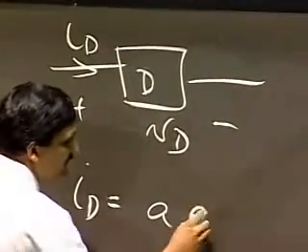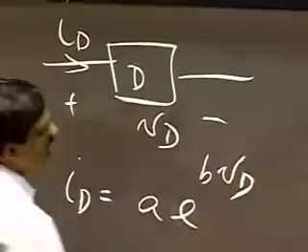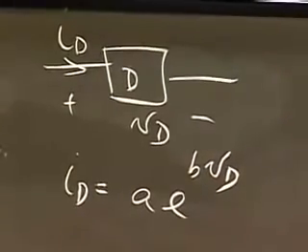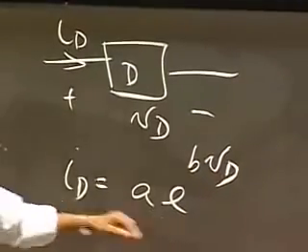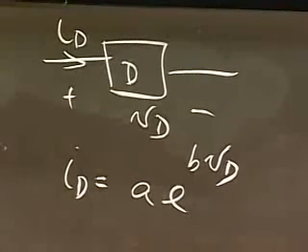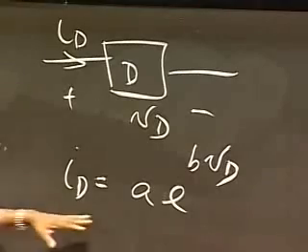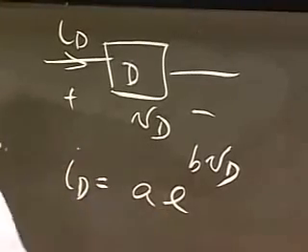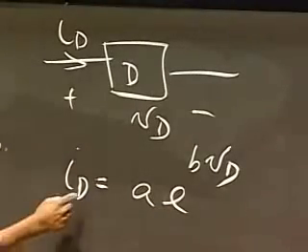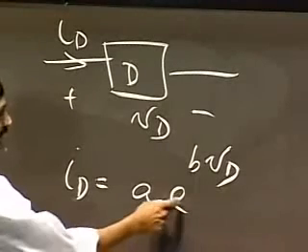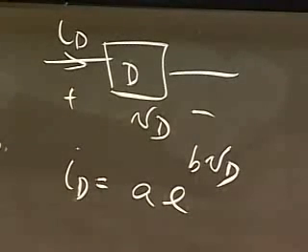It's ID equals A, e raised to B VD. Okay, so there's an exponentiation here. And again, remember this is a fictitious device, and I'll show you some funky things that it does in a second. So it's a very simple relation, the exponential relation, where the current relates to the exponentiated value of the voltage VD across the element.